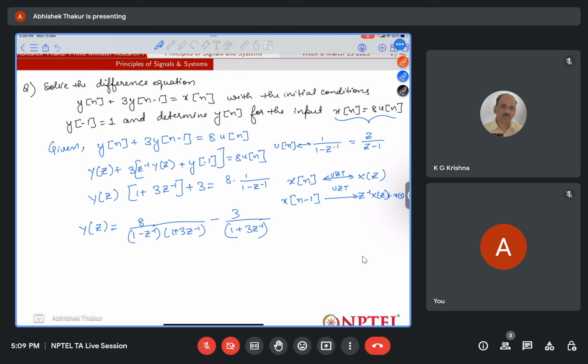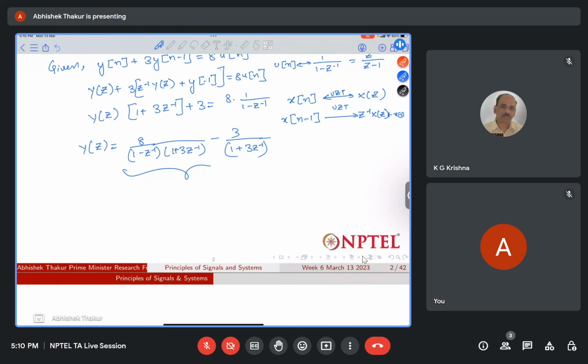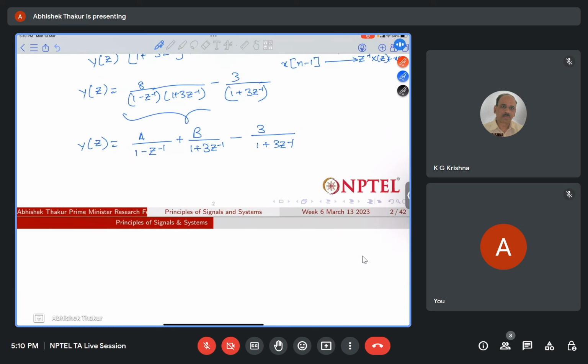So this we got. Now we will use the partial fraction expansion and residue method to calculate this. Here Y(z) = A/(1 - z^-1) + B/(1 + 3z^-1) - 3/(1 + 3z^-1).